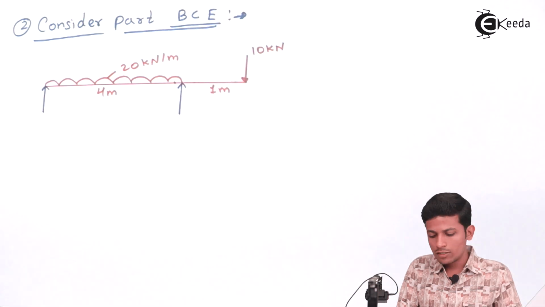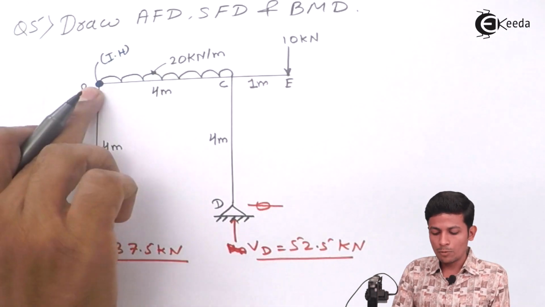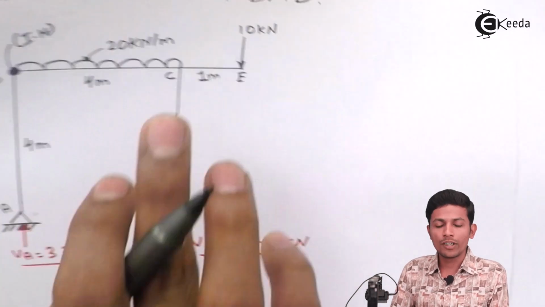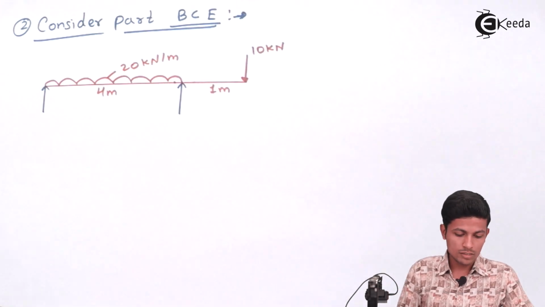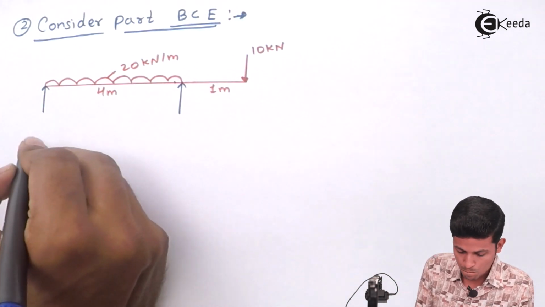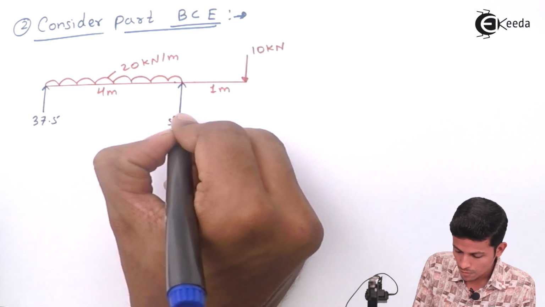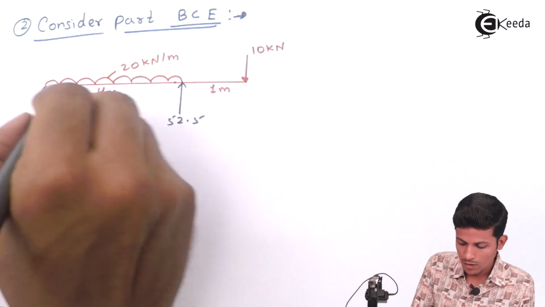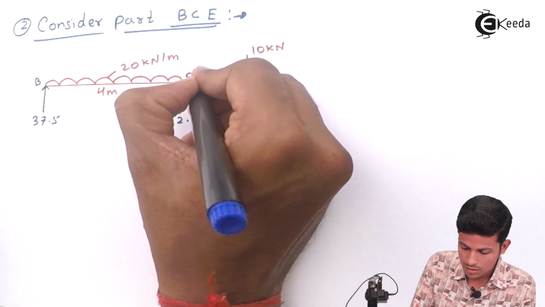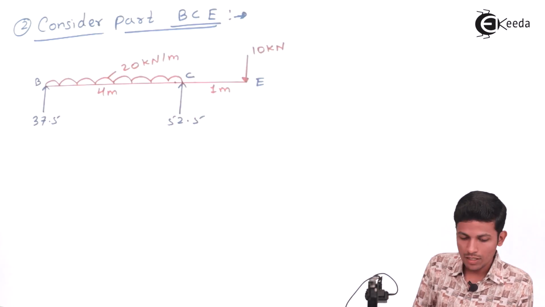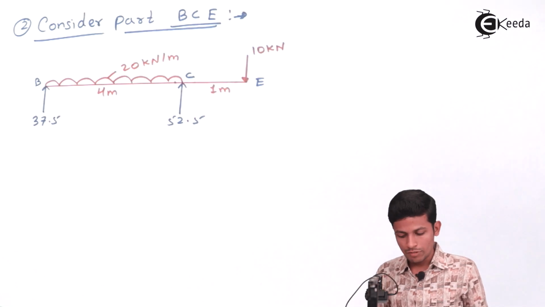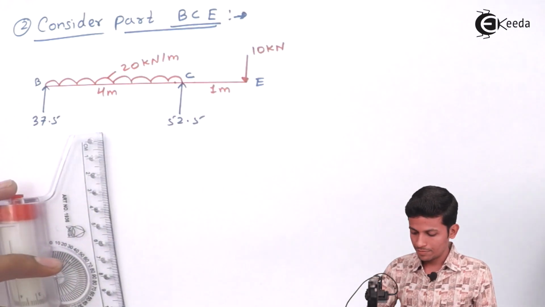Or else you can simply put this 37.5 over here and this 52.5 over here directly. This case is also possible. This is B, C, this is E. After that, what will we do? First we have to extend this whole part.